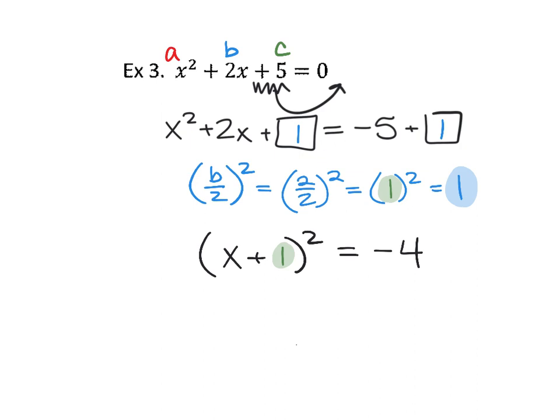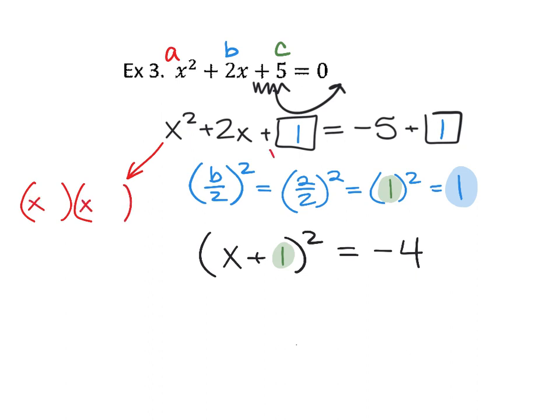Now I'm going to pause for a second because I got a good amount of questions about literally this step earlier. The first one you're probably going to ask is, where did the negative 4 come from? Great question, right here. What is negative 5 plus 1? Negative 4. Second question I got earlier is, how did this happen? Great question. So this trinomial, if we were to factor it, don't write this down, just watch. I'd have an x in both of them.